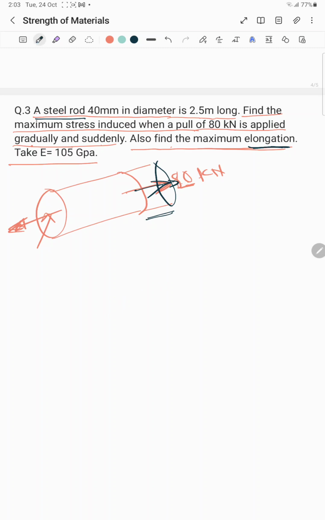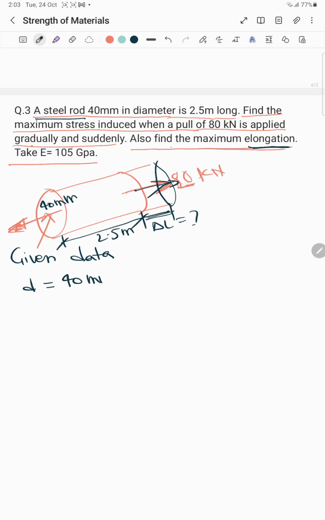Now I'll write the given data here. The diameter of the bar is D equal to 40 mm, and the length is 2.5 meter. If we convert meter to millimeter, we multiply by 1000, so it comes to 2500 mm.